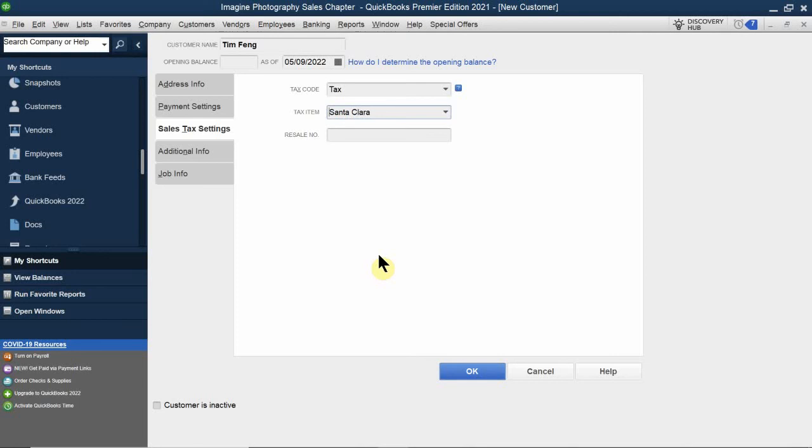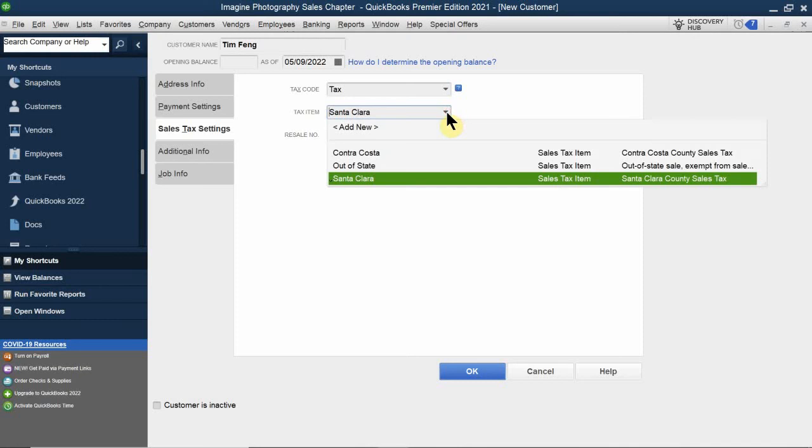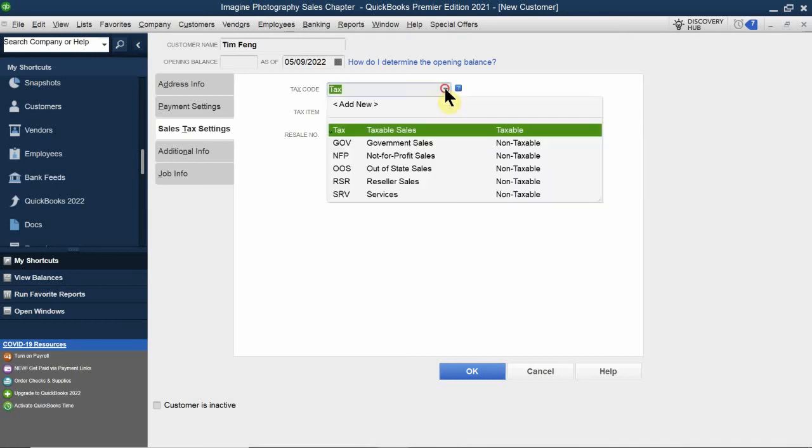Okay? One question. Yes. When you pulled the drop-down list up on the codes, it said out of state was non-taxable. I thought we taxed per the place that it was delivered. Correct. But in this case, I'm going to tell you this.